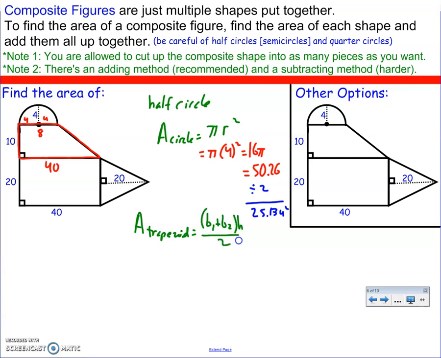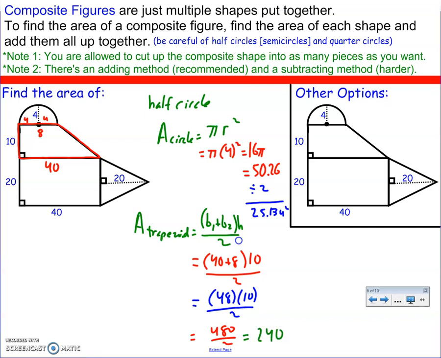Make sure you know your area formulas. Fill it in. That is 40 plus 8 times the height, 10, over 2. That's 48 times 10 over 2. That is 480 over 2, which gives me 240 units squared. So we found the trapezoid.